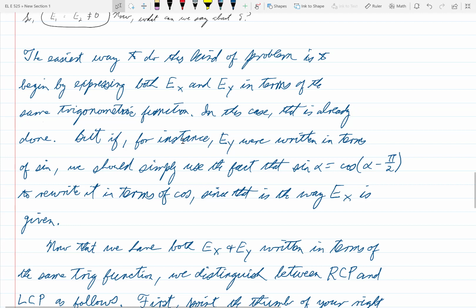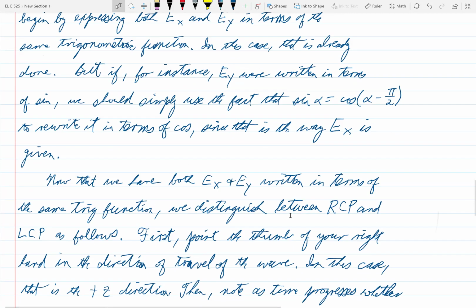But if, for instance, Ey were written in terms of sine, we should simply use the fact that the sine of alpha is equal to the cosine of alpha minus pi over 2 to rewrite Ey in terms of cosine, since that is the way Ex is given. So it's easy to make the adjustments so that both Ex and Ey are written in terms of the same trig function, and that is the first thing you should do in this kind of problem.